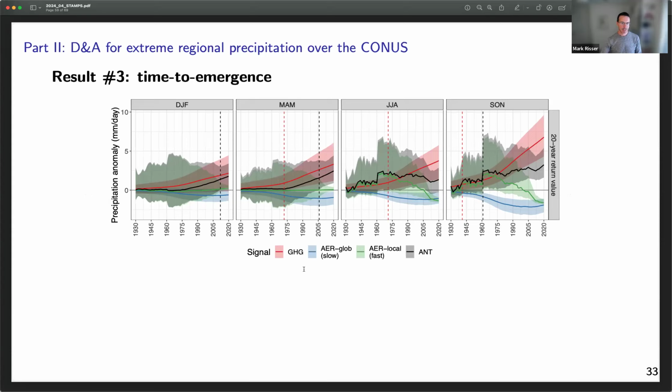The colored lines show the isolated effect of each of these forcing agents: the slow greenhouse gas response in red, the slow response from aerosols in blue, and the fast aerosol response in green, as well as the sum of those things in the black line.